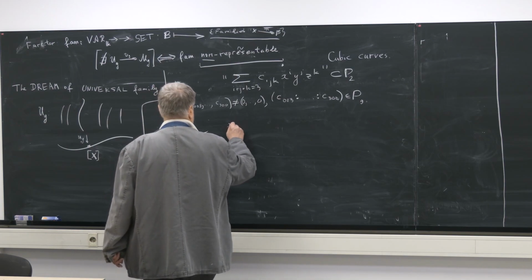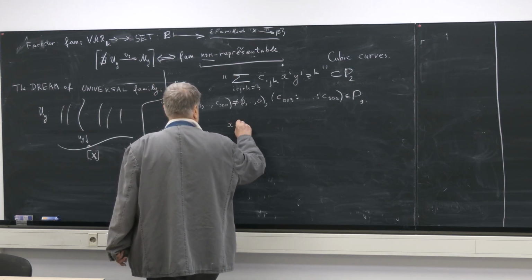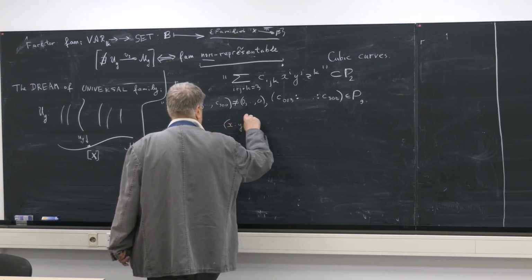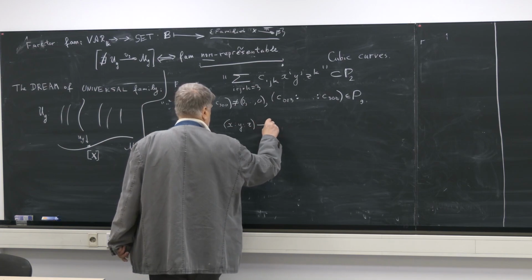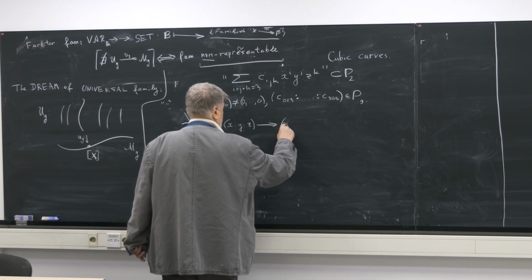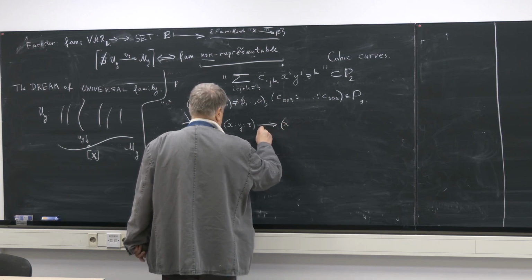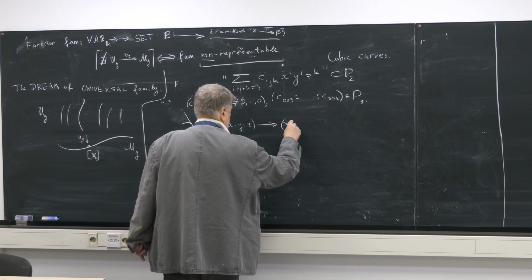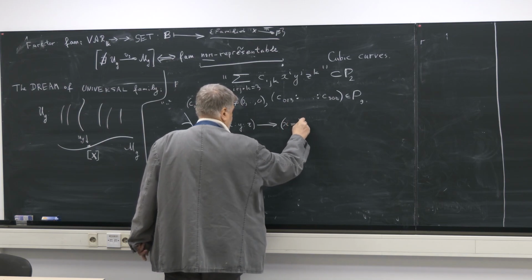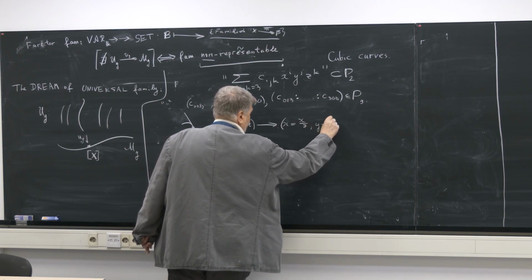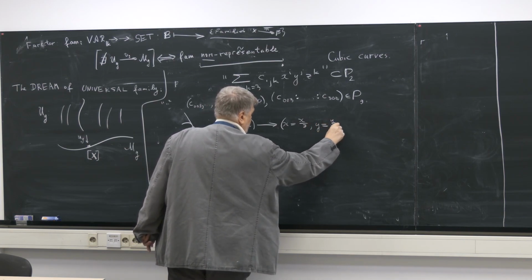And then we turn from the projective coordinates to the affine coordinates. In a shorter form, x is just replaced by x over z, y by y over z.